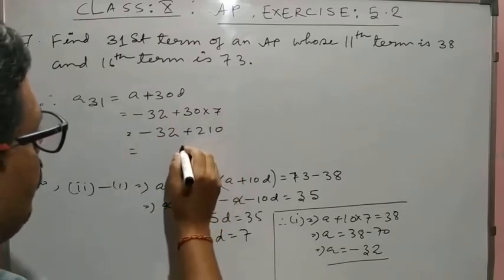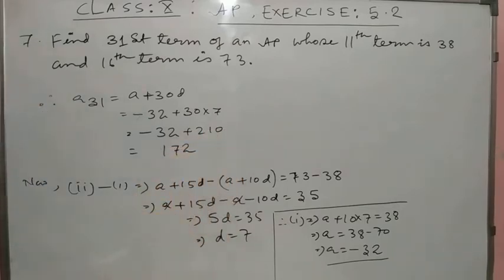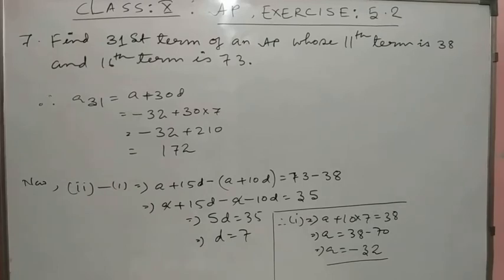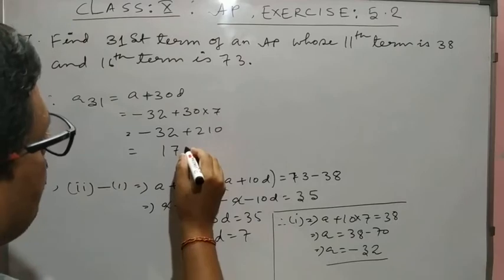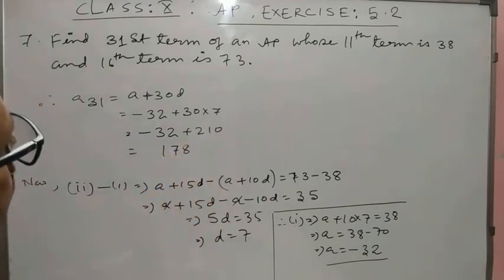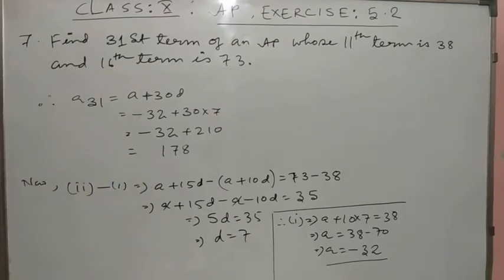So it will be 178. Therefore the 31st term is 178.